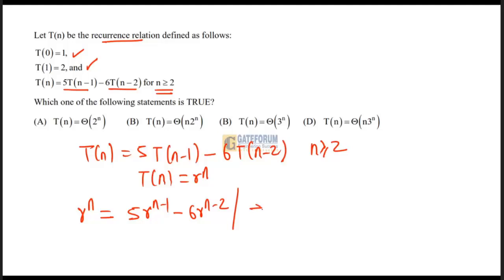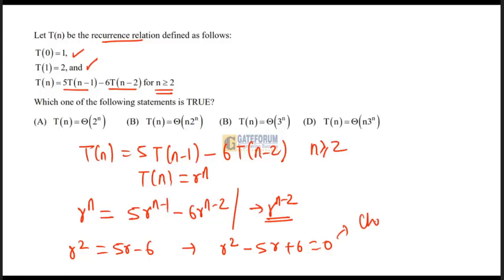So I divide both sides by r^(n-2). By doing this, I get r square equal to 5r minus 6. So at the end, the equation r square minus 5r plus 6 equal to 0 is my characteristic equation.